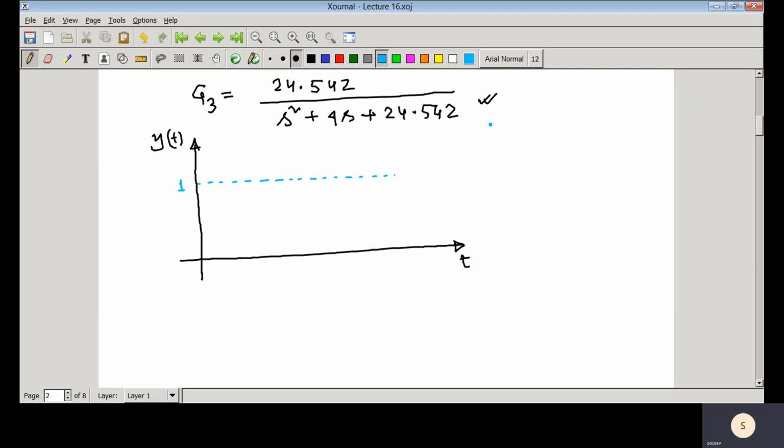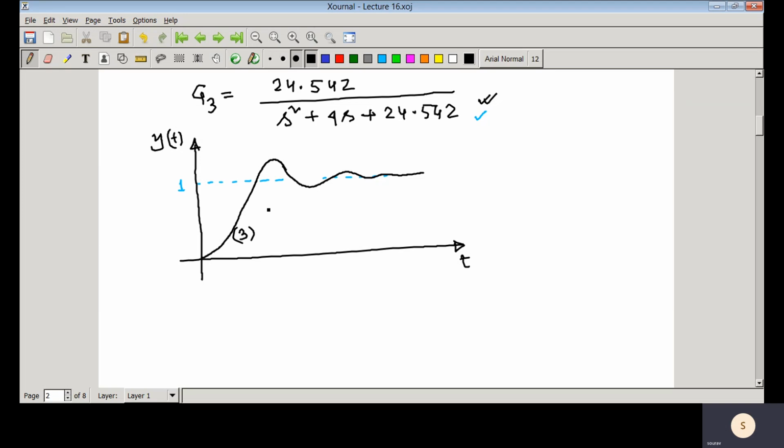So now the second order transfer function, in the underdamped case we have seen how it looks. So this is a second order transfer function, and it is in the underdamped case. So this is 3. This black one is 3.